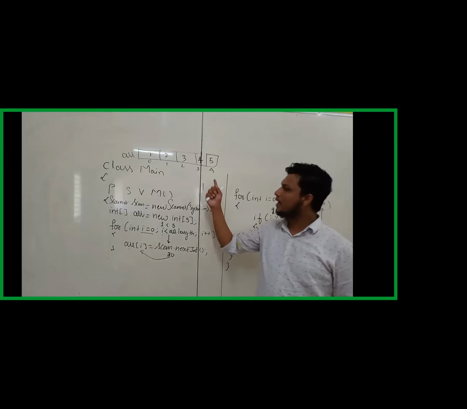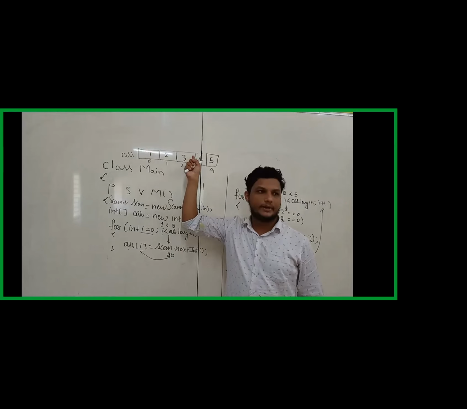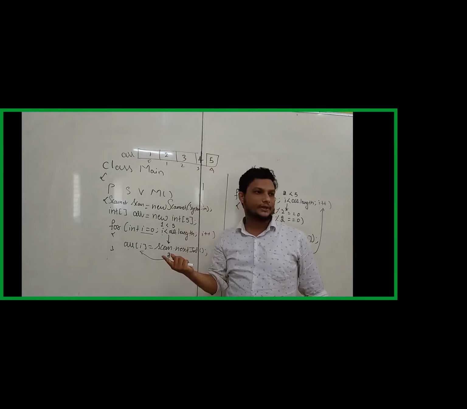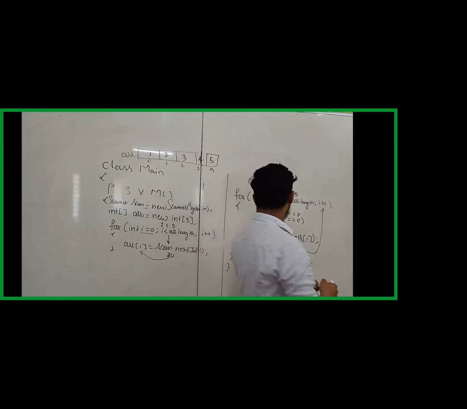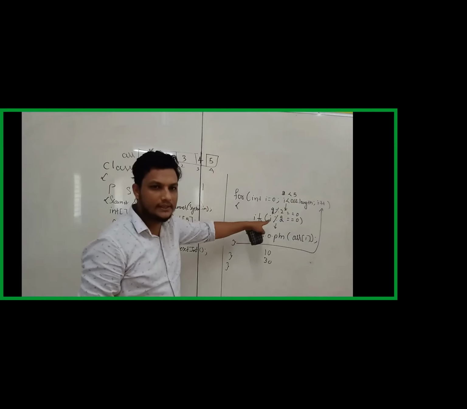What should be the output of this one? 2 and 4. Okay. Question you understood? This time I am not at all checking any index value. Just go to the array element, check if it is even or not. If it is even, you print it. Understood? Okay. So this will remain the same. So here, what are the changes I need to do? Tell me.